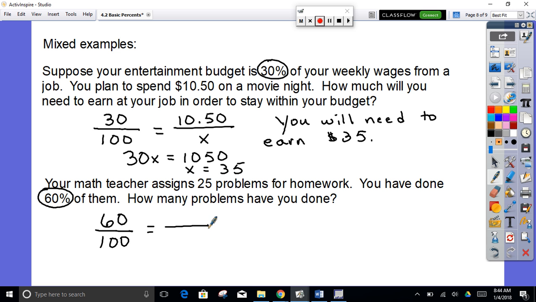So the amount that you did is the part. The whole is the 25 problems. So cross multiplying, we have 100x equals 1,500. And x equals 15.